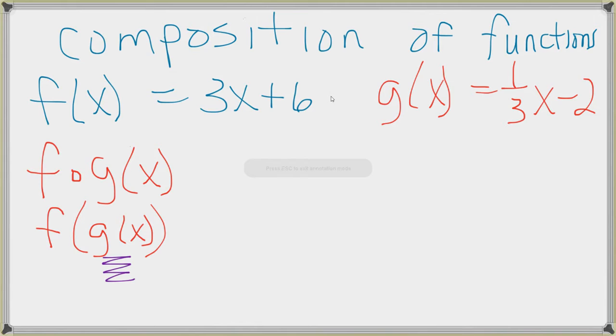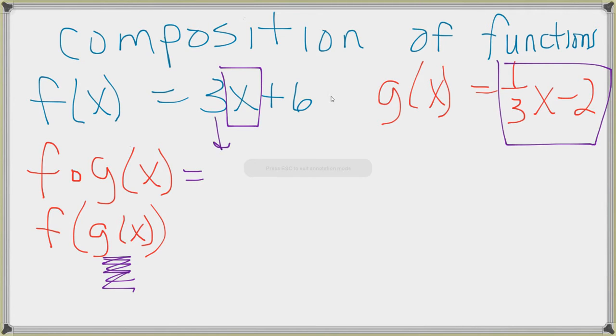Okay, so you already know to take what's in parentheses and replace the x with it. So this is the same concept, only instead of just a number, you're going to replace that x with a whole function. So what's in parentheses? It says g of x. G of x in this case is 1/3 x minus 2. We're going to take that whole 1/3 x minus 2 and put it into the function f in place of that variable.